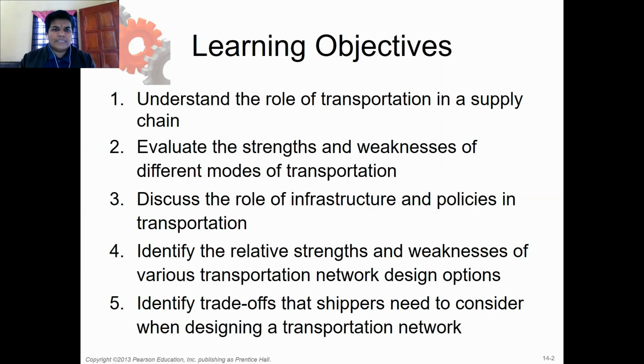The objective for this chapter is that by the end of the chapter, students are able to understand the role of transportation in the supply chain. They are also able to evaluate the strengths and weaknesses of different modes of transportation, discuss the role of infrastructure and policies in transportation, identify the relative strengths and weaknesses of various transportation network design options, and identify trade-offs that shippers need to consider when designing a transportation network.